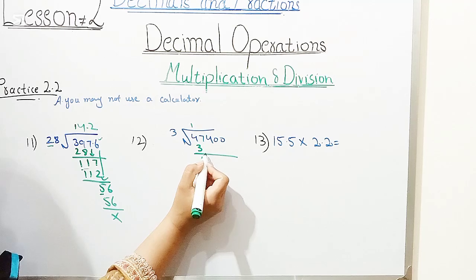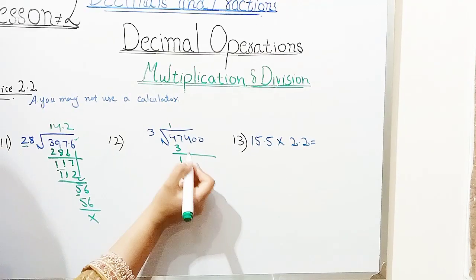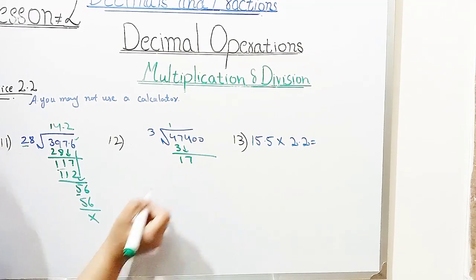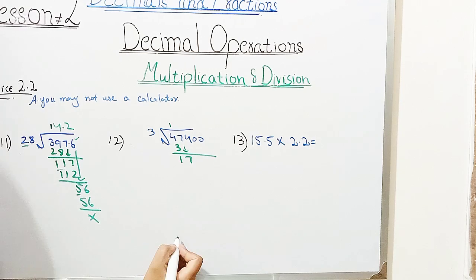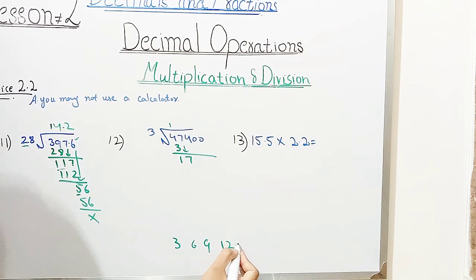I will subtract it. 3 from 4, it will become 1. 7. 3. 3 1s are 3, 3 2s are 6, 3 3s are 9, 3 4s are 12, 3 5s are 15, 3 6s are 18, 3 7s are 21, 3 8s are 24, 3 9s are 27 and then 3 10s are 30.